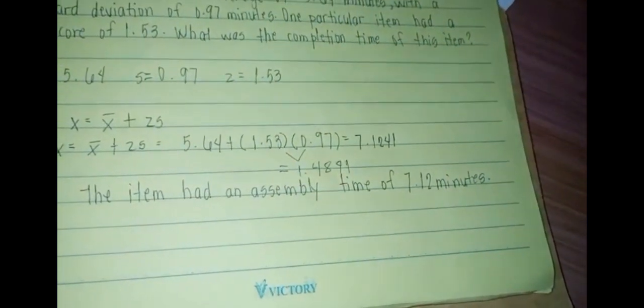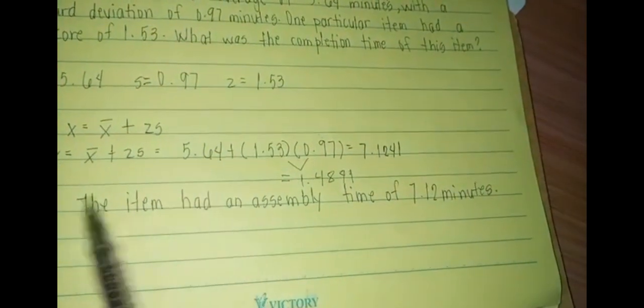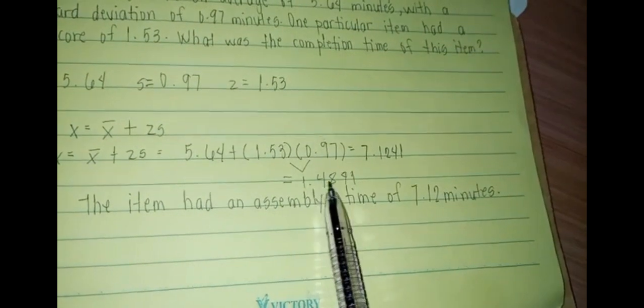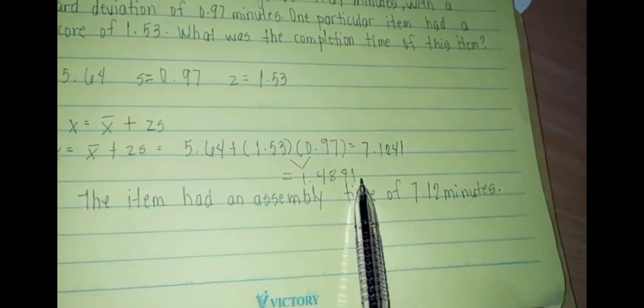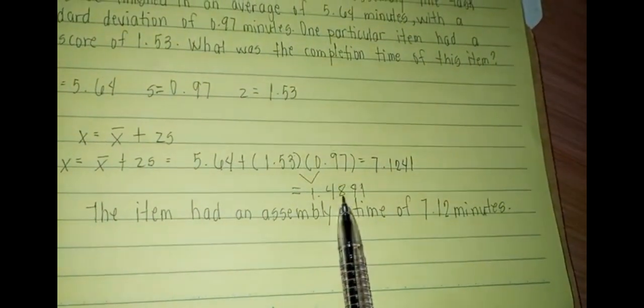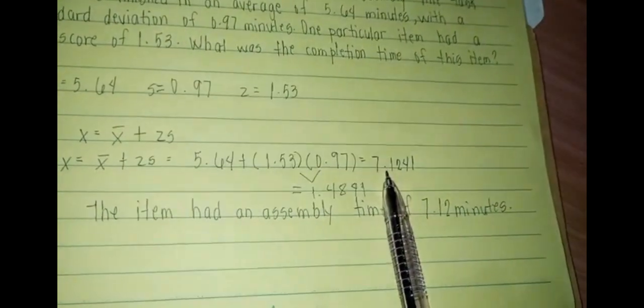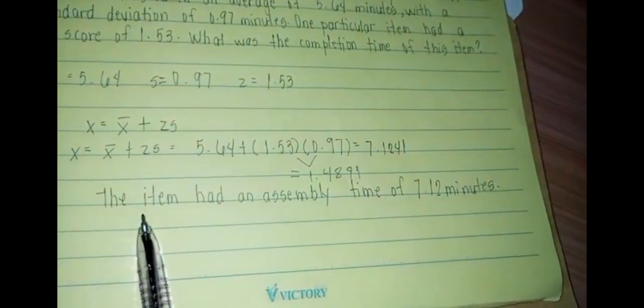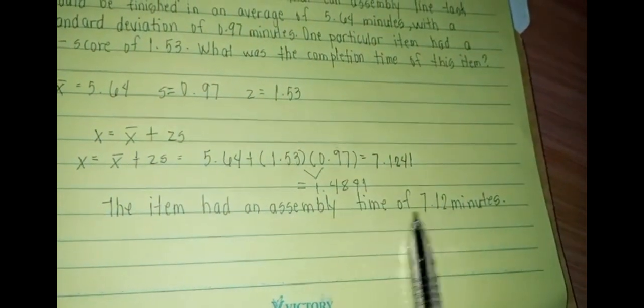Next, we add the mean and the 1.4841, and 5.64 plus 1.4841 is 7.1241. Therefore, the item had an assembly time of 7.12 minutes.